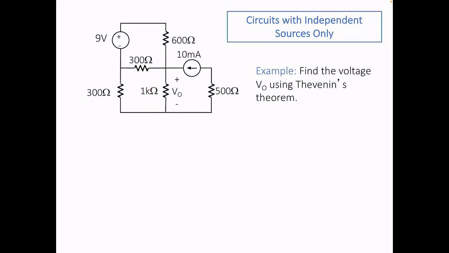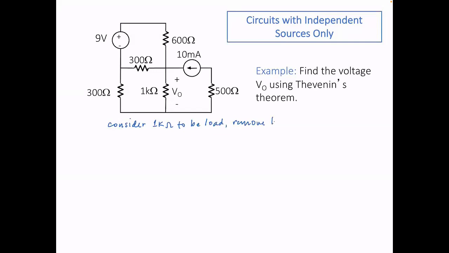So what was our strategy? We consider the 1K ohm to be the load and we take it out. Remove the load.